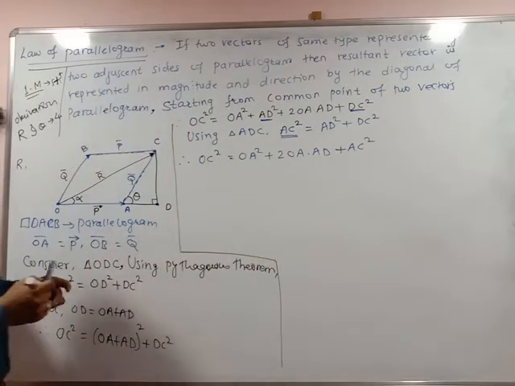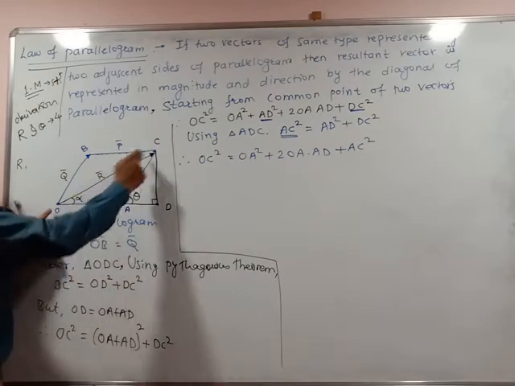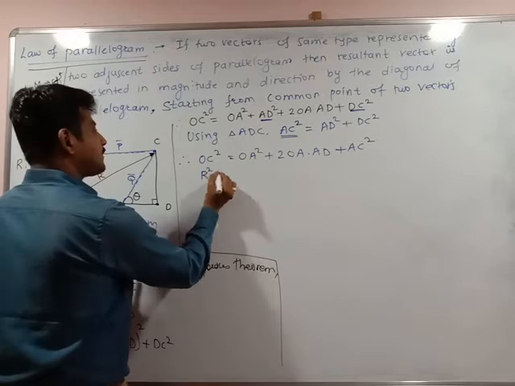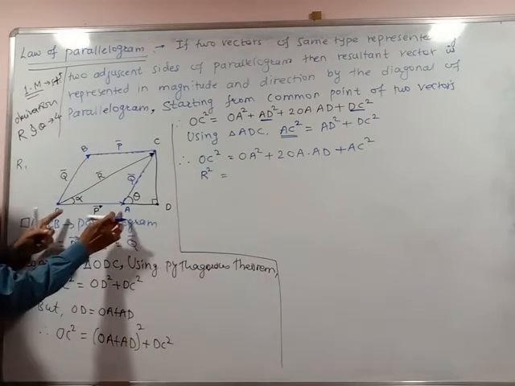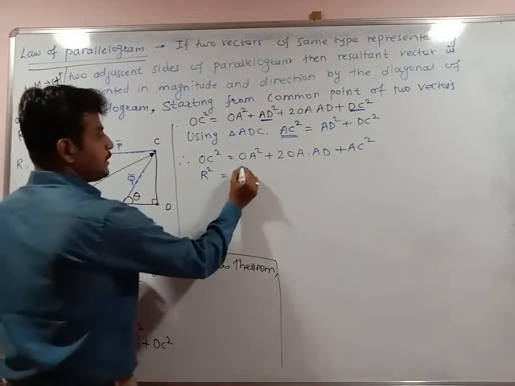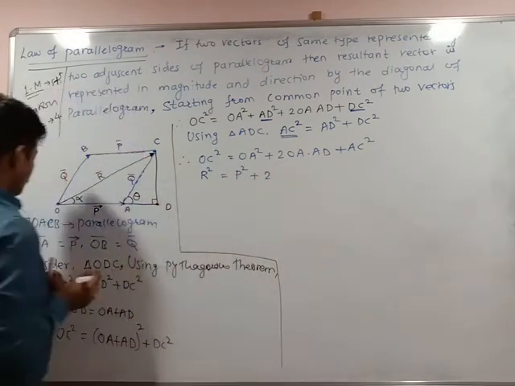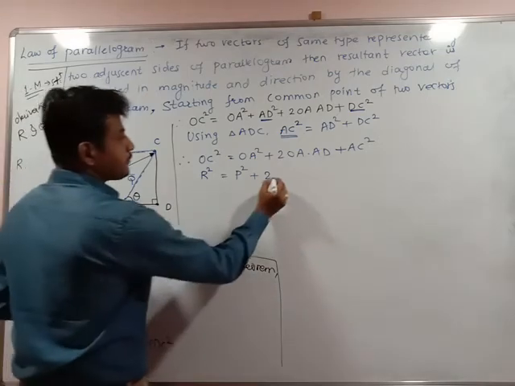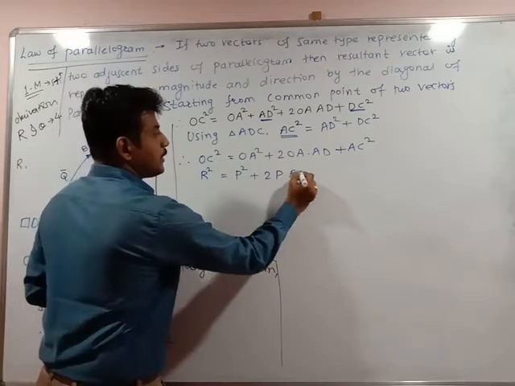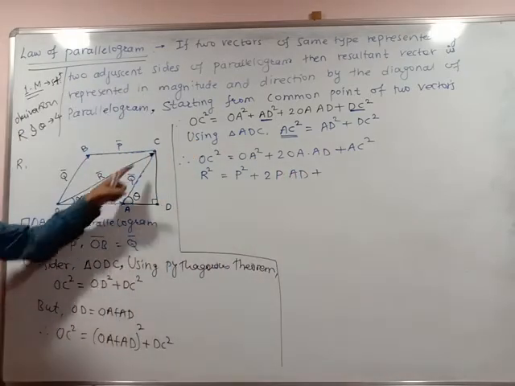Now see the figure. What is the value of OC here? Resultant vector whose magnitude is to be found out. So I can write here R square is equal to OA square, it is P square, plus 2 into OA, the value of OA is vector P bar, into AD, AD we are going to find, plus AC square.